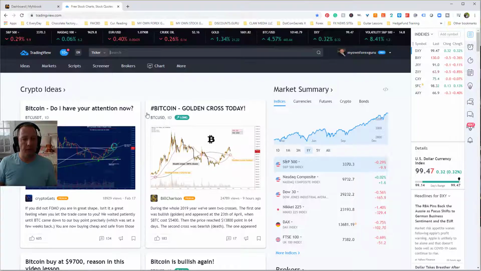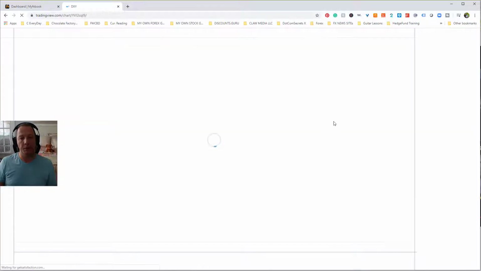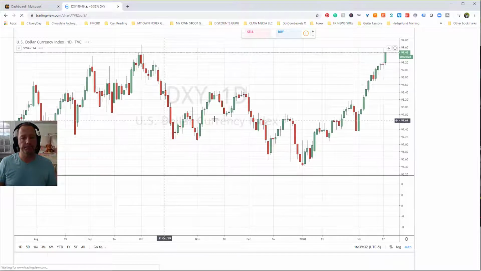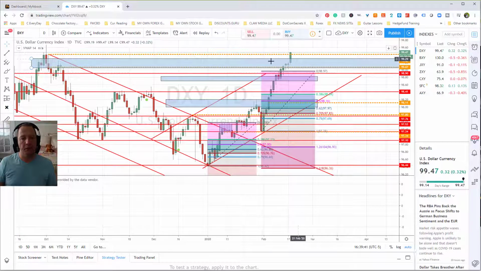Just quickly, the dollar index is at its peak. It reached up in here and made a new high, and great, it's above the liquidity pool. We have another 20 minutes before market closes.